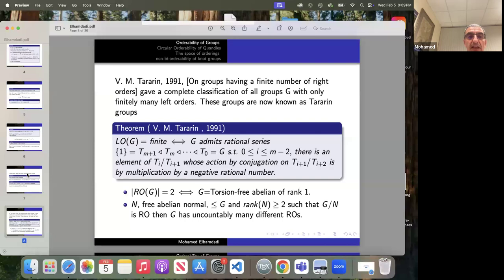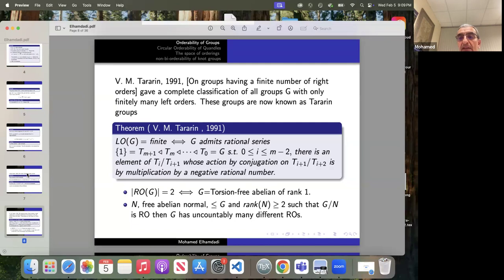Tararin, in 1991, in his paper titled On Groups Having a Finite Number of Right Orders, gave a complete classification of all groups with only finitely many orders.